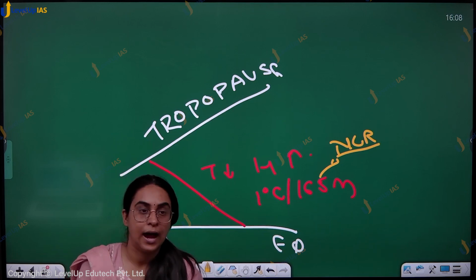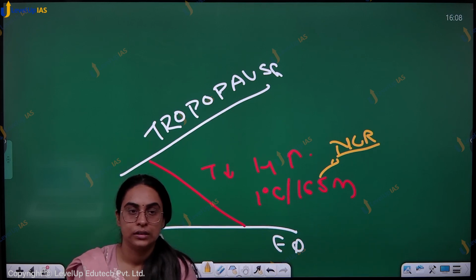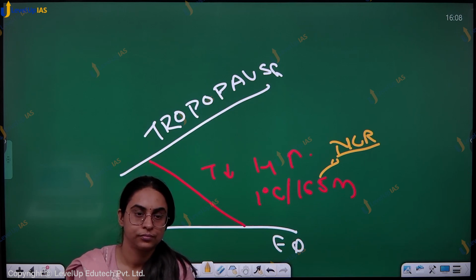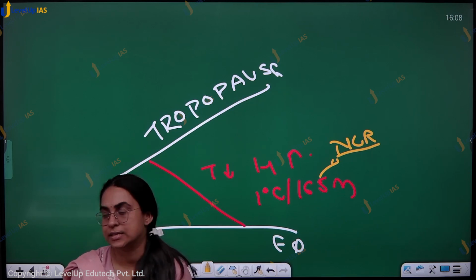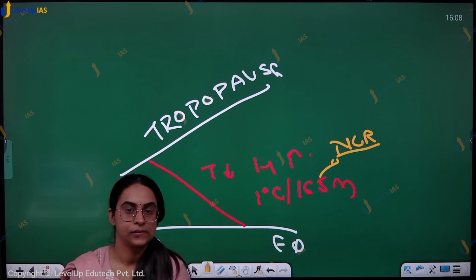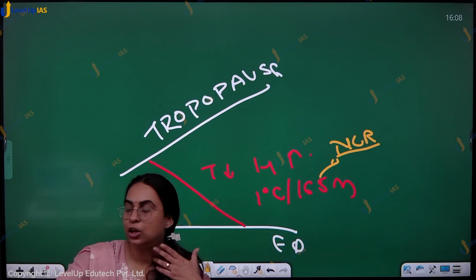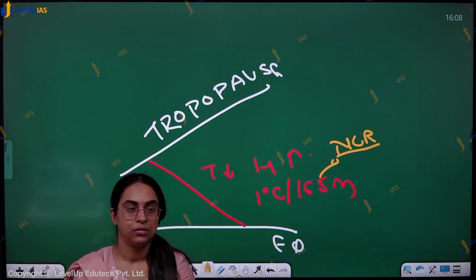Third point, the height of the troposphere is 8 kilometers at the poles and 18 kilometers at the equator.